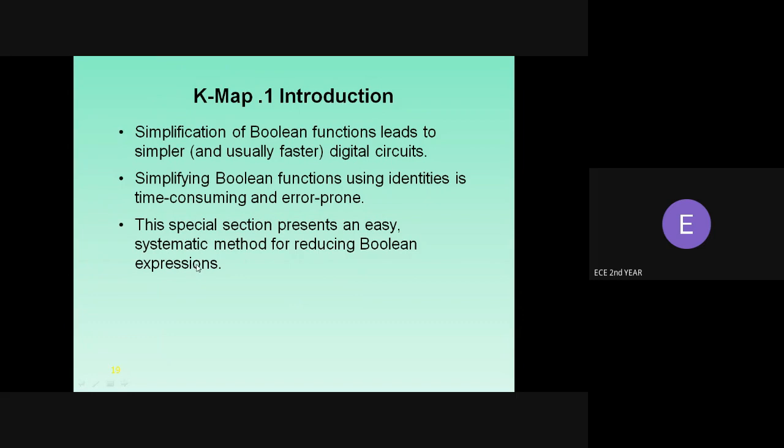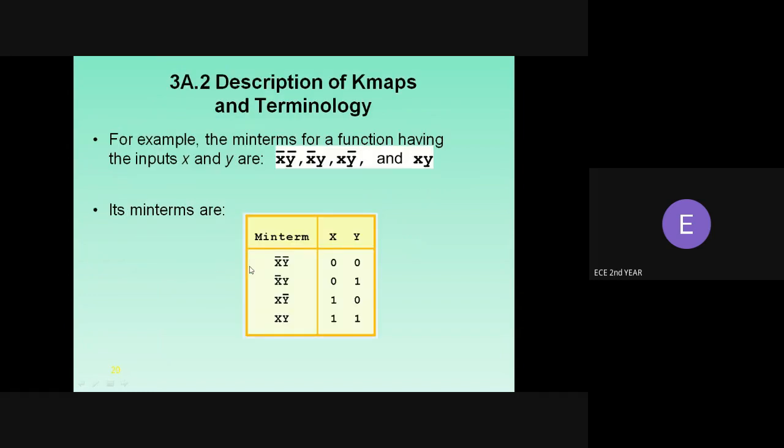By reducing the time, it will save you the cost also. And the design cost is majorly reduced by using this particular KMap. So if you take the different types of KMaps, we will be having two variable KMap, three variable KMap, and four variable KMap.